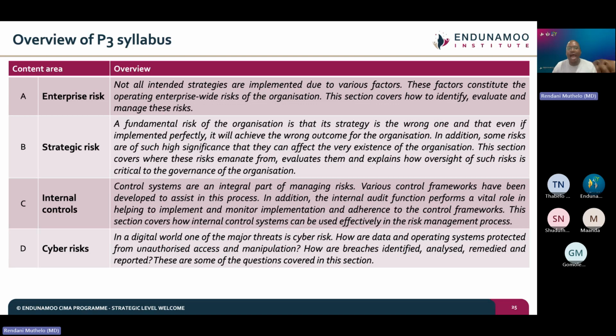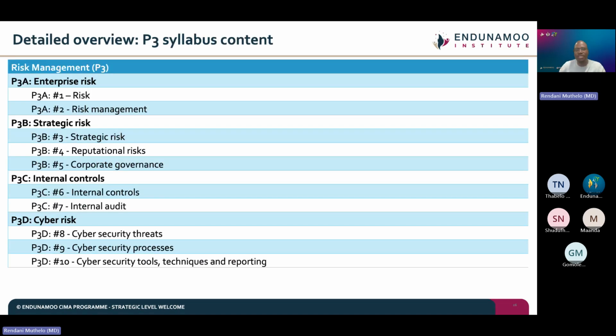But in terms of how the board looks at risks, you are in it. That's what we are looking at, and it's all about how to deal with risks. The topics give themselves away.